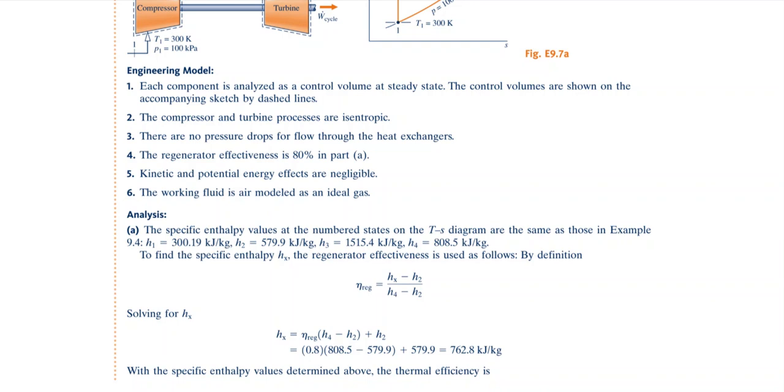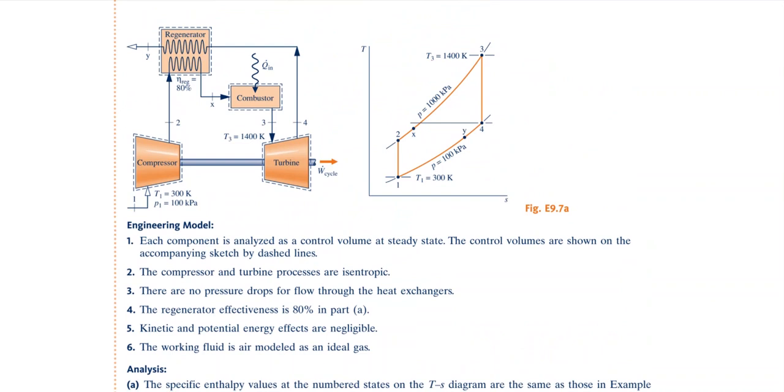Then we install a regenerator which has an effectiveness of 80%. With the regenerator, some of the heat leaving the turbine at state 4 is transferred to the air leaving the compressor, raising its temperature before it enters the combustion chamber, which here is at state X, going from X to 3.